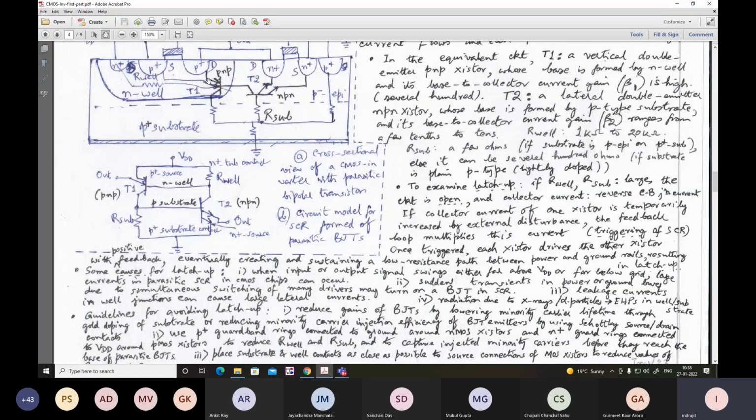As we have just noted, for the lateral or horizontal transistor, the base is quite wide with respect to the emitter. So most of the recombination takes place, and as a result, the current gain is very limited. So the beta value may go less than one, you'll be surprised.